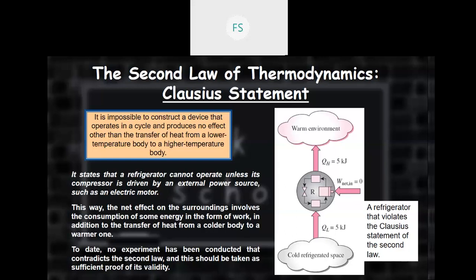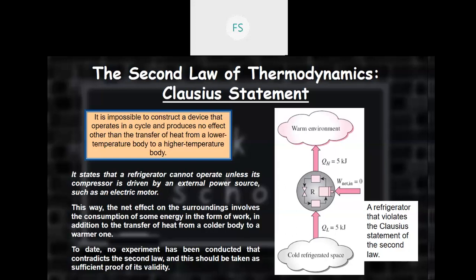As I said in the previous part of this topic, the second law of thermodynamics has two main statements that we need to understand and remember. The first one is the Kelvin-Planck statement. Do you still remember the meaning of the Kelvin-Planck statement? If not, please look back at the previous part of this topic.